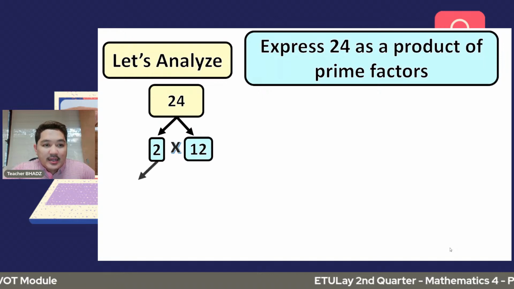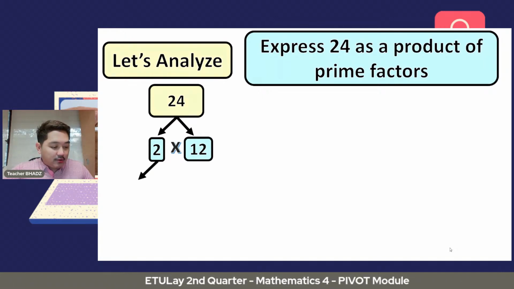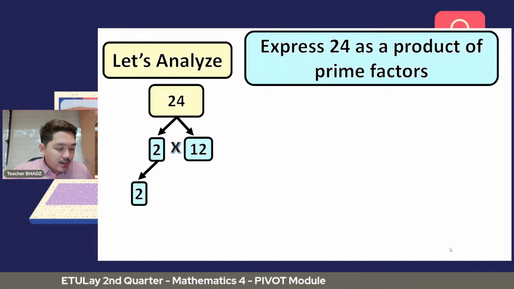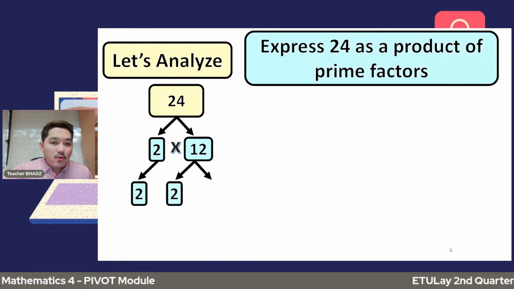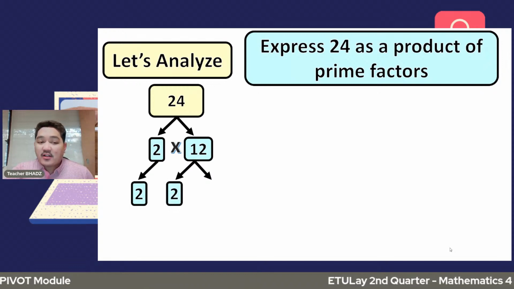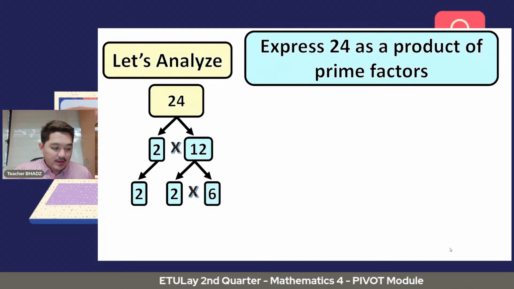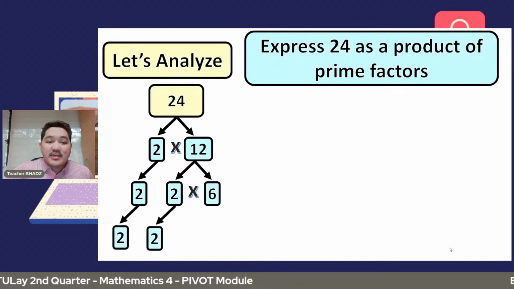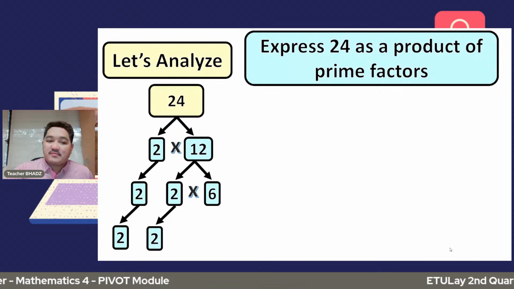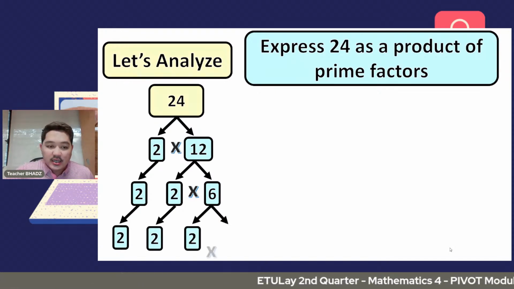Since yung 2 natin ay prime number na, hindi na natin siya gagawan ng karugtong. Next is 12. Factors of 12 are 2 and 6. And then, yung 2, i-bring down uli natin. What about 6? What are the factors of 6? We have 2 and 3.